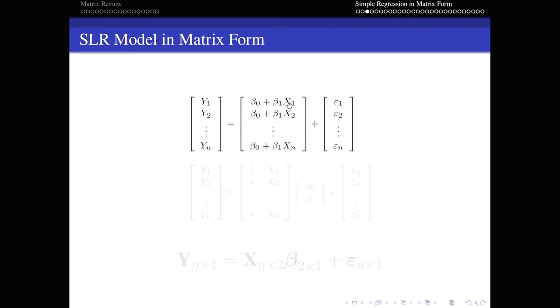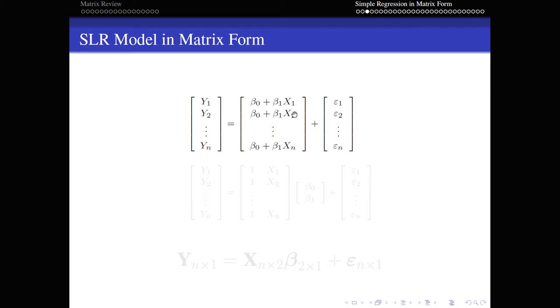Recall, this is the predicted y, all the way from x1 to x sub n, the nth individual. Notice that the betas never change. They're constant over everybody. And then epsilon sub 1, epsilon sub 2, all the way to epsilon sub n, an error vector. Note that this error again changes for each person, though we assume that the variance in a traditional simple linear regression model is constant across all of them.